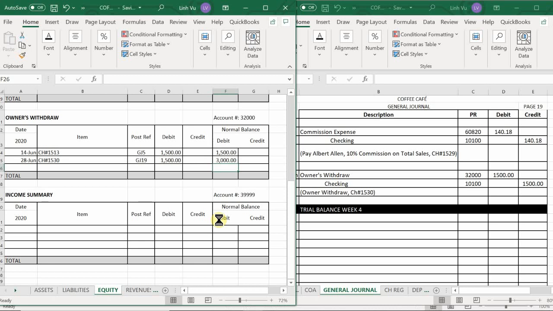Okay. Save your general ledger, so we can go ahead and complete our trial balance.